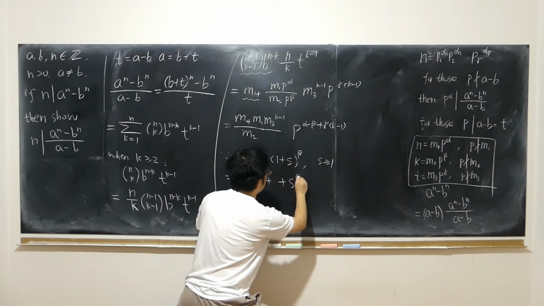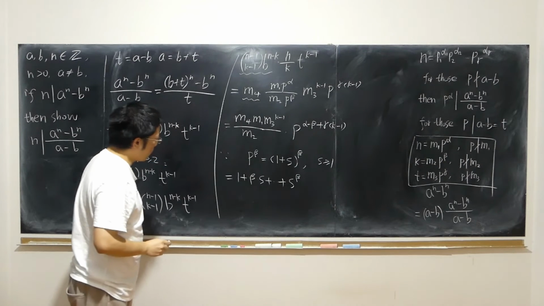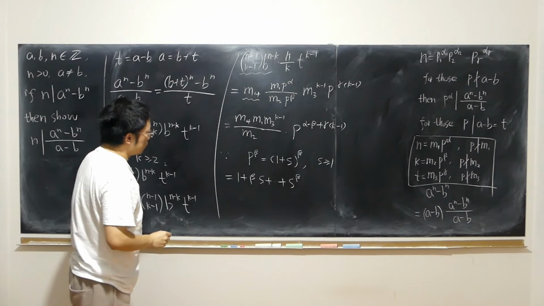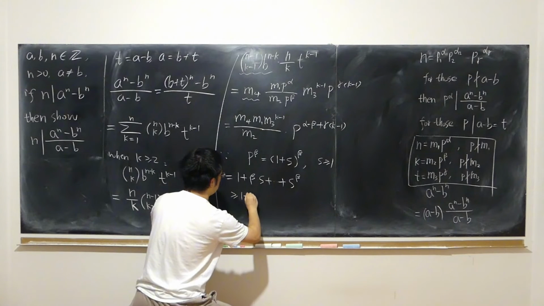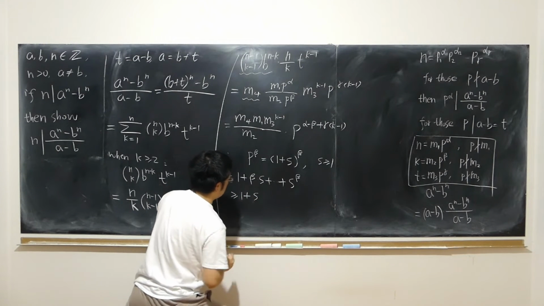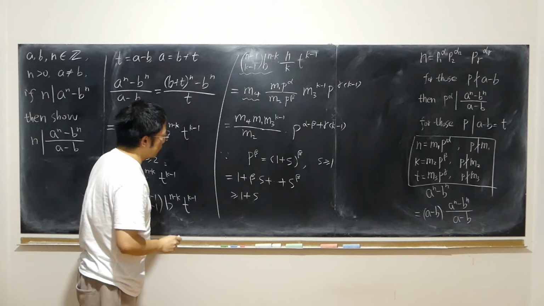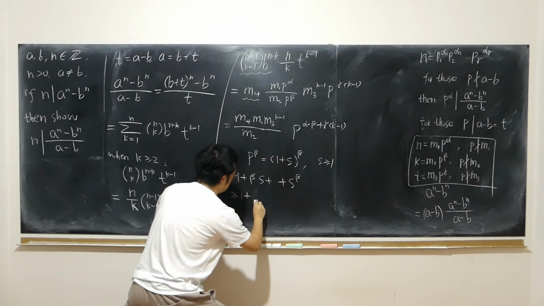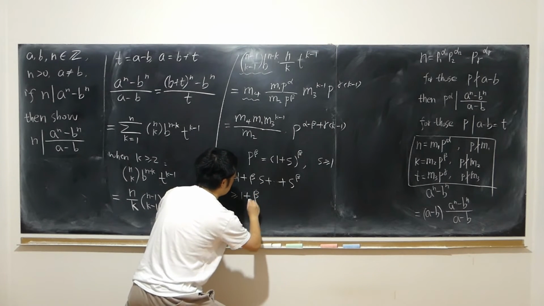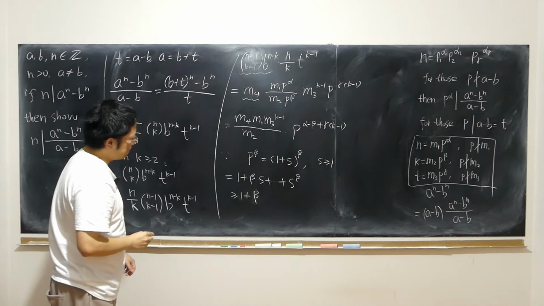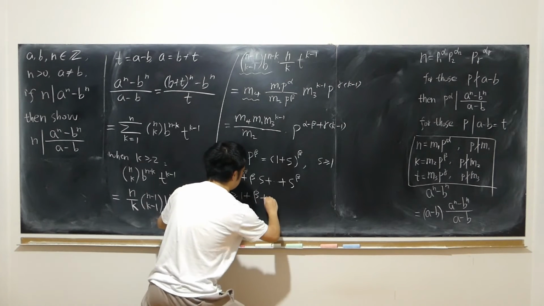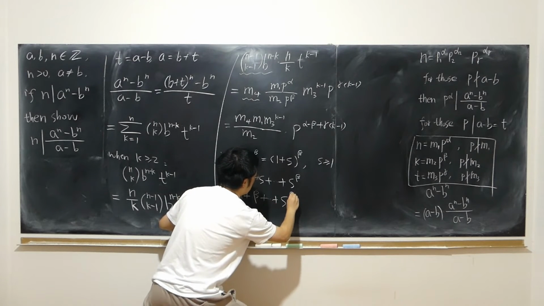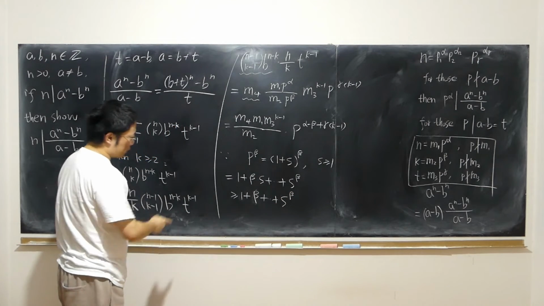S to beta, last term. So S is at least 1. So that's at least 1 plus S to beta. I replace S with 1, so 1 plus beta. I get rid of the 1, right?